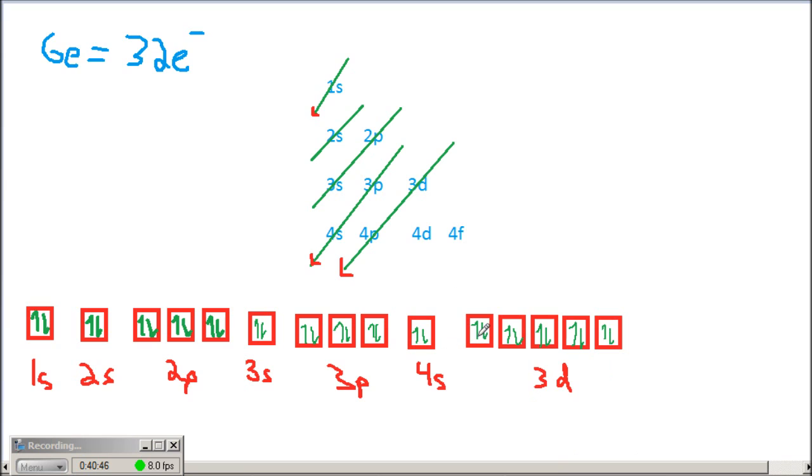Okay, so that was 20, and then now we have 10 more, so that's 30. We need to get to 32. So I need to draw in another p set, and okay, so we got this 4p set that's next, and we only have 2 electrons left to fill it up. So that's 32 electrons. That is the electronic configuration for 32 electrons.